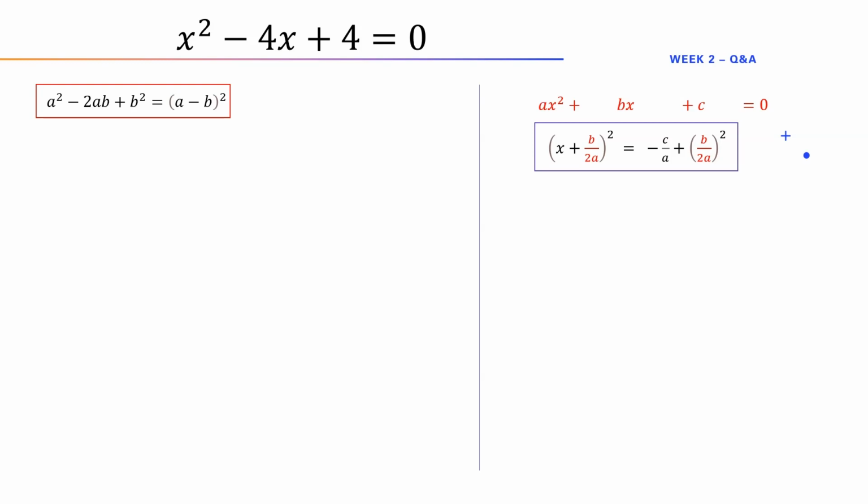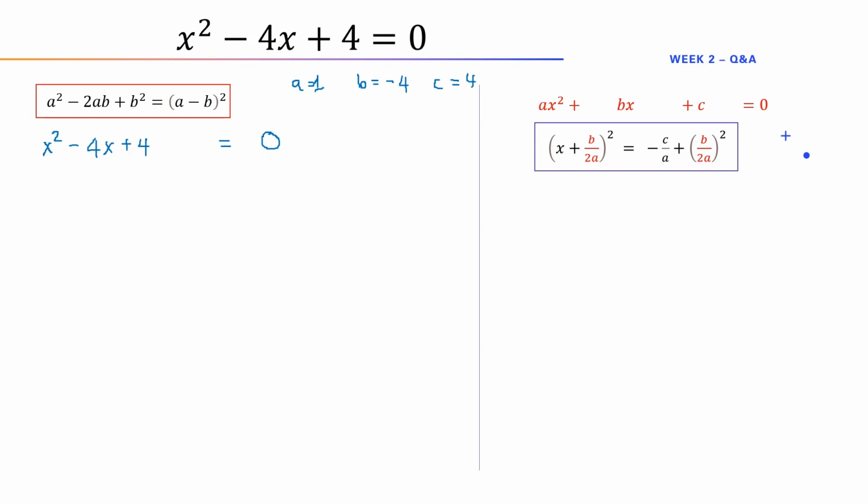So we have x squared minus 4x plus 4 on the left hand side, and that equals 0. I see that a in this case is equal to 1, b in this case is negative 4, and c is 4, right?